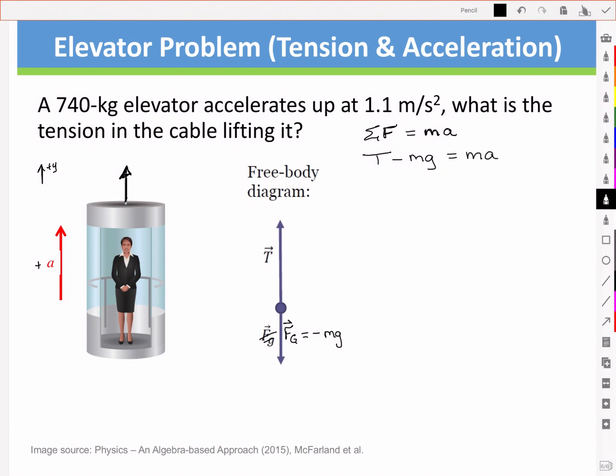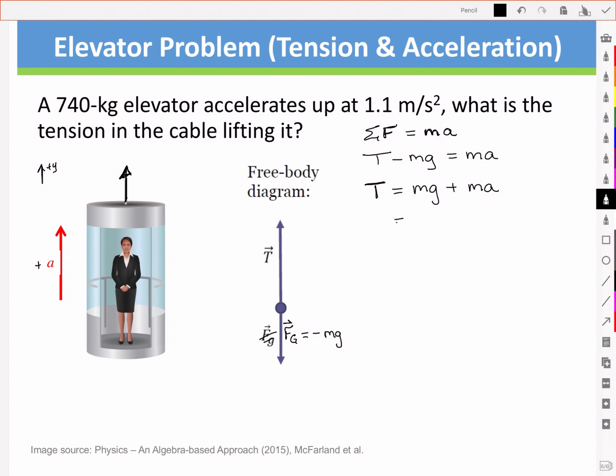And so this is telling us that the tension, if we rewrite it, is just the weight plus a term ma. That's saying that the tension is increased by the need to accelerate upward. It's more than just the weight of the elevator. It has an additional value, or an increased value, because of the need to accelerate upward.